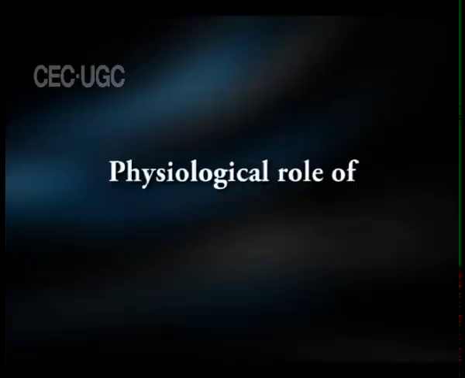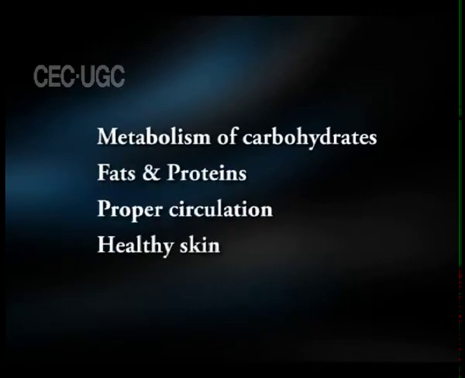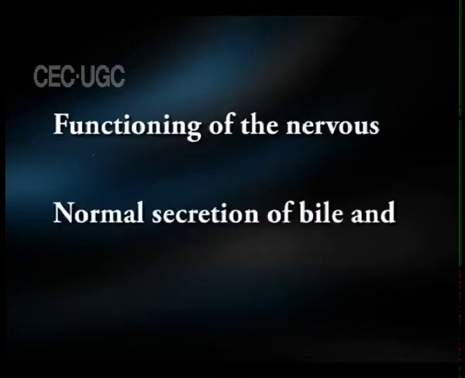Physiological role of vitamin B3. Vitamin B3 is required for cell respiration, helps in the release of energy and metabolism of carbohydrates, fats, and proteins, proper circulation and healthy skin, functioning of the nervous system, and normal secretion of bile and stomach fluids.